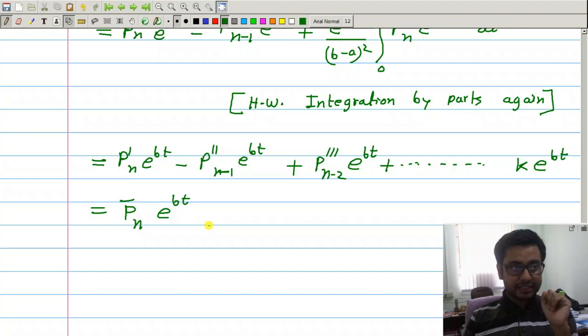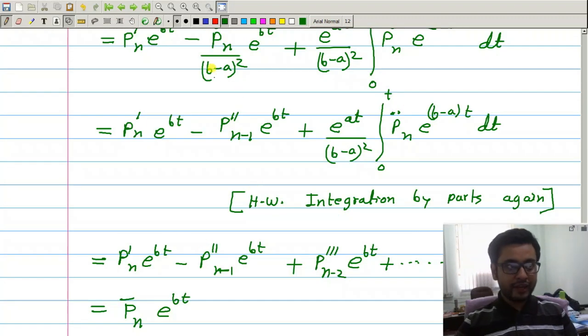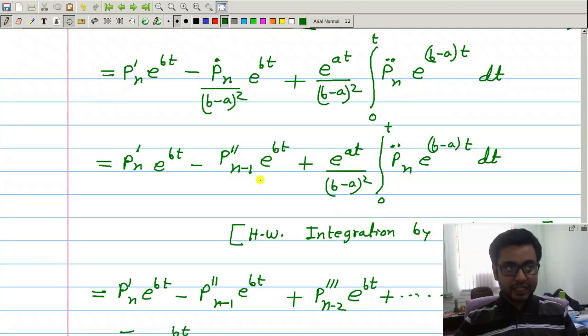Please note that the exact coefficients inside this polynomial can be found in this way if you do this carefully, keeping track of all these coefficients throughout.